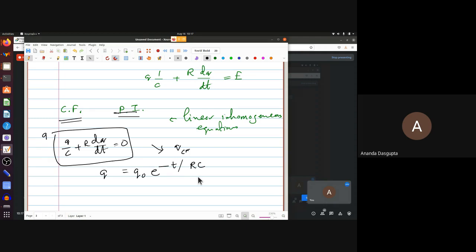So if that is really the case, why worry about the transients at all? Yes? Why can't we just forget about the complementary function and deal only with the particular integral?